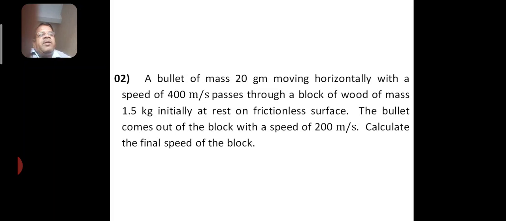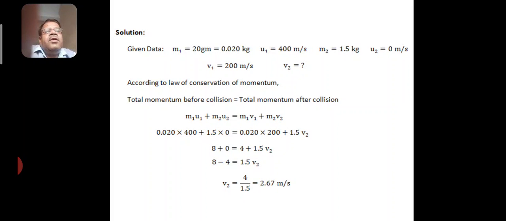Calculate the final speed of the block. Given m1 equals 20 gram, that is 0.02 kg, u1 equals 400 meter per second, m2 equals 1.5 kg, u2 equals 0 meter per second, v1 equals 200 meter per second, v2 they have asked.